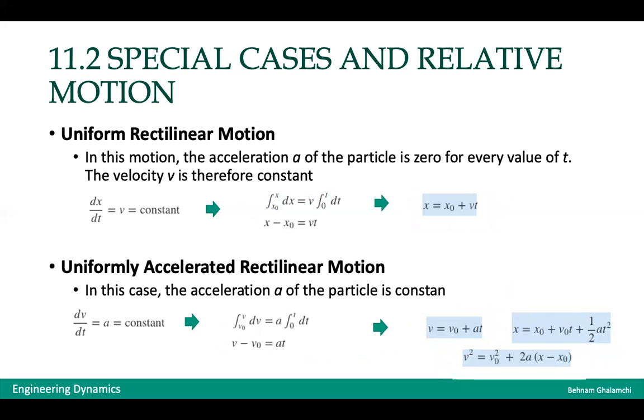Make sure to derive the second equation by hand, and also think about how to find the third equation. The third equation can be a combination of the first and second equations, and it can also be derived directly from this definition, dv over dx multiplied by v.